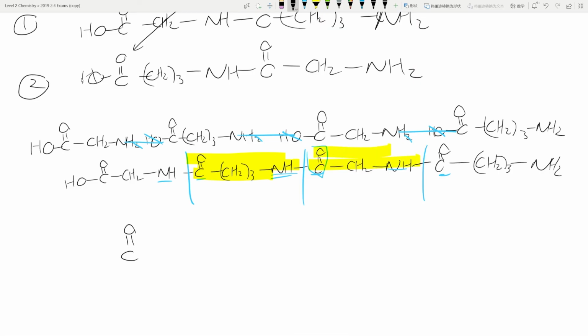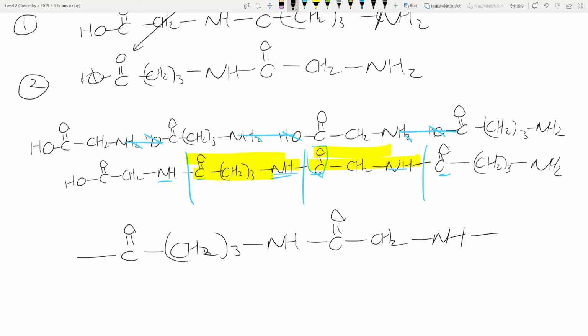So if you want to draw them out properly, just look at the thing in the middle, just copy them in as you see them, copy paste, and this is your polymer.